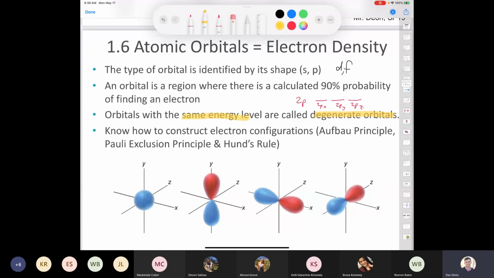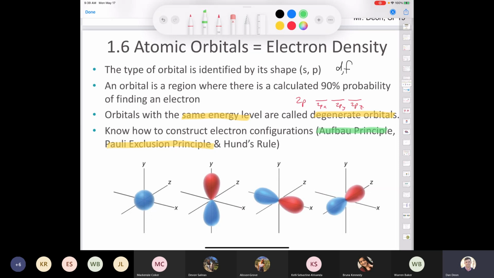What else? You've got to know how to construct electron configurations. You've got to understand the Aufbau principle, or the building up principle. That's the principle that states that we start with the lowest energy atomic orbitals, we fill those, and then we move on to higher energy atomic orbitals. You've got to understand the Pauli exclusion principle, which states that each orbital can hold a maximum of 2 electrons, which have spins in opposite directions.